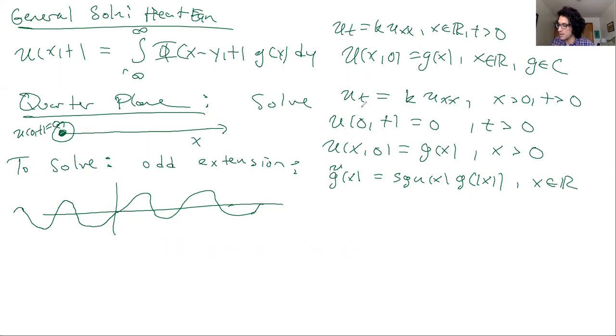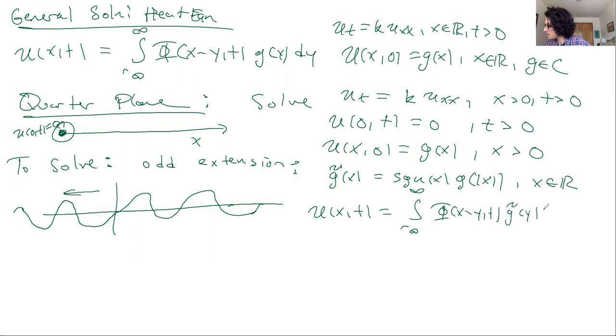In actuality, everything that's going on here is not relevant to our problem, okay? But we can bring the extended domain in essentially to allow us to use the techniques that we used before, okay? So now U of x,t is just going to be our initial condition that's been extended, convolved against our fundamental solution, okay?